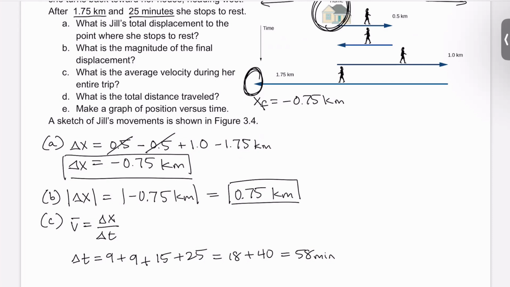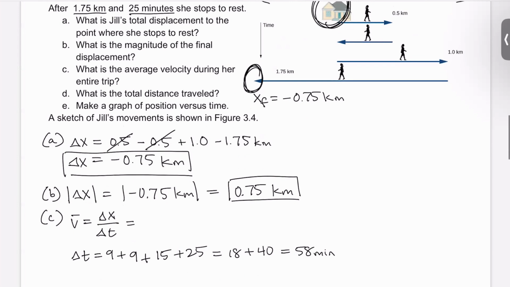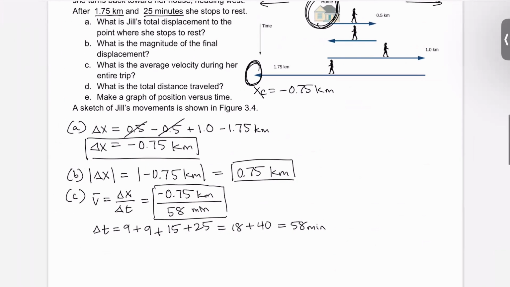That's a lot of walking. And then we can plug all of our information into our average velocity formula. The total change in position was negative 0.75 kilometers, and the change in time was 58 minutes. You can use a calculator for this, but I'm just going to box this as my answer since I'm a little lazy and I don't want to calculate it.